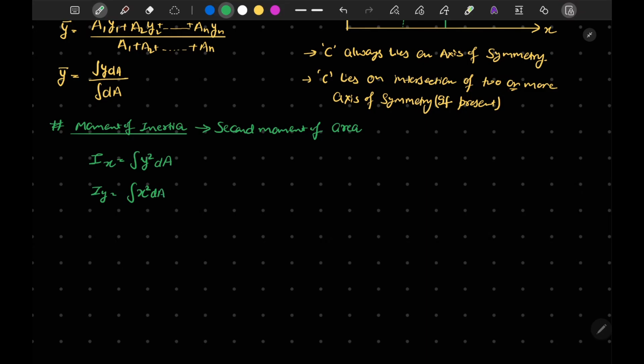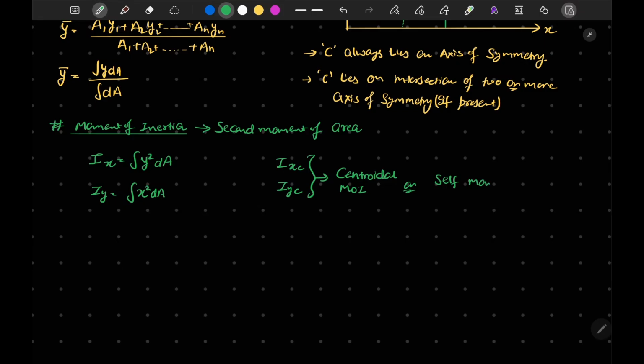So this is your moment of inertia. I can write it as Ixc and Iyc, and these are also called centroidal moment of inertia, or self moment of area.